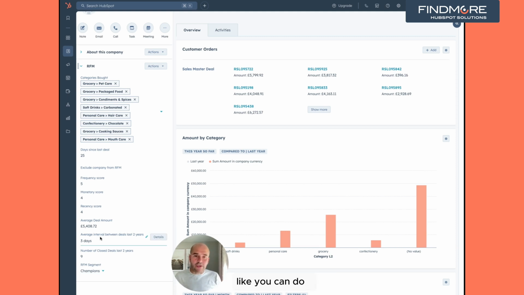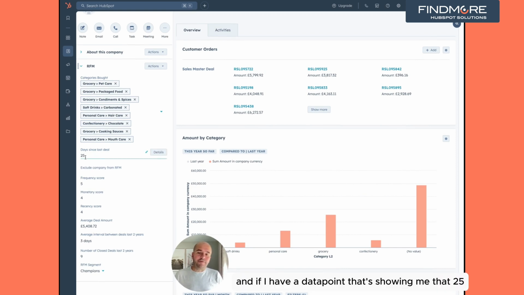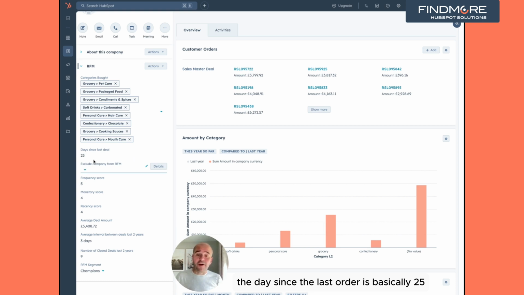You can do lots of analysis, but starting from simple ones, for instance, I could say that the average interval between deals or between orders in these customers is usually 3 days. And if I have a data point showing me that the days since the last order is 25, it means that there is an issue here.